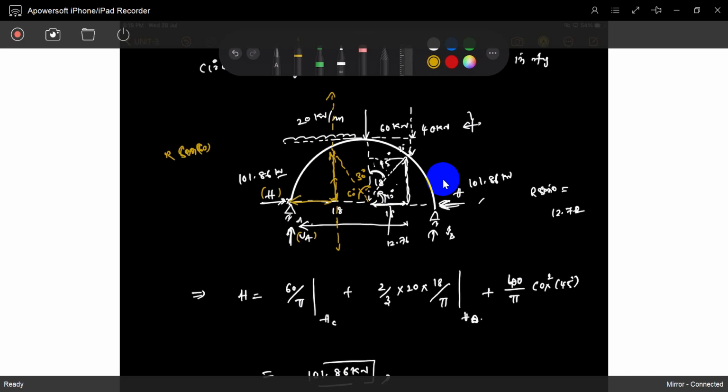The total is R, and the small value is R cos theta. So you can find out this height and this distance, and then the bending moment at this location, and later the normal shear and radial shear also.